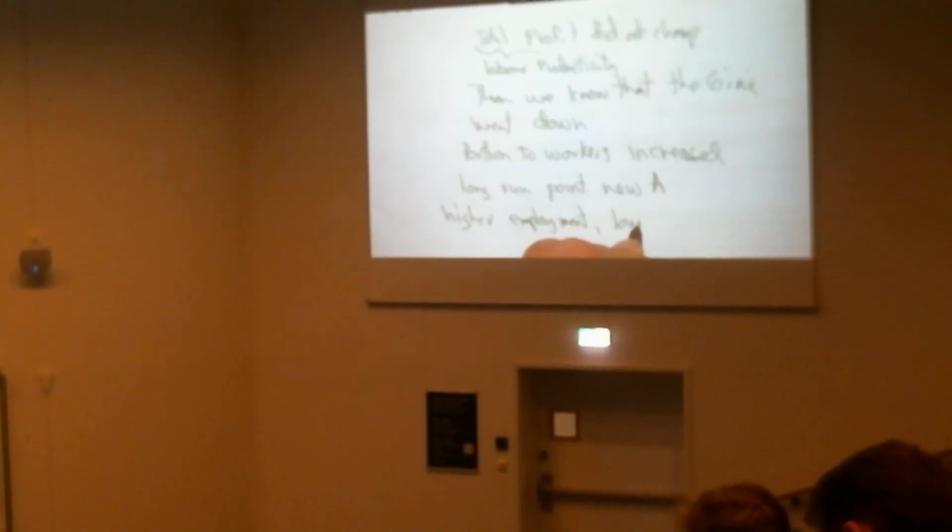It is lower unemployment and higher real wage. So all from, what was the question? It was more competition in the market. What do we get? We get both higher employment, lower unemployment, and we get a higher real wage.